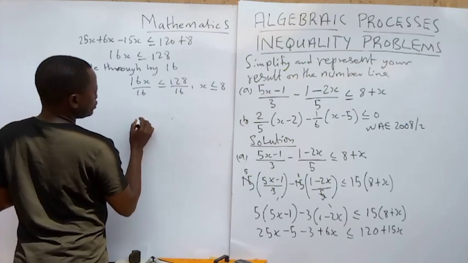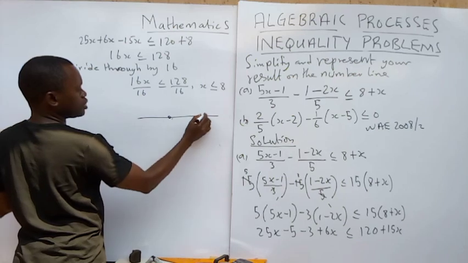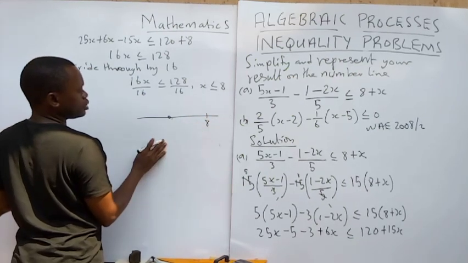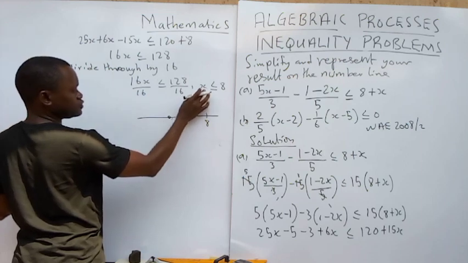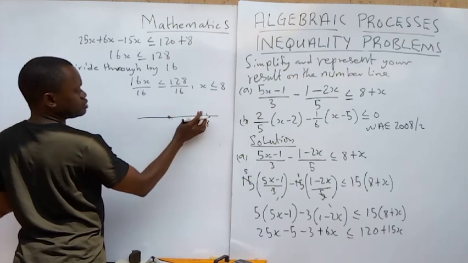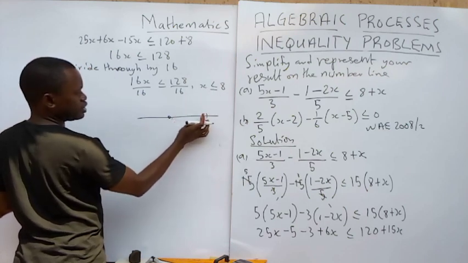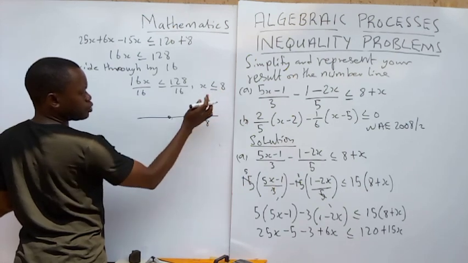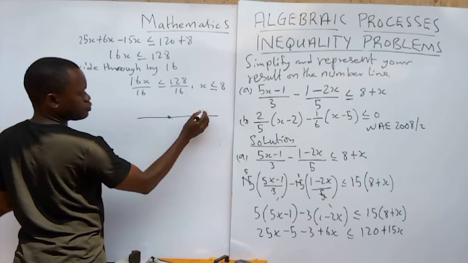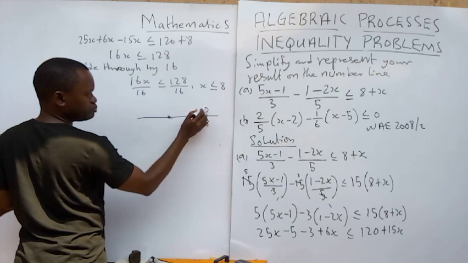All right, on the number line, this can be represented as, assuming here is my origin and somewhere here is 8. Then the range of values that exist, they exist in the position where x is less than or equal to 8, and we are using the symbol, the arrow that the base is shaded.